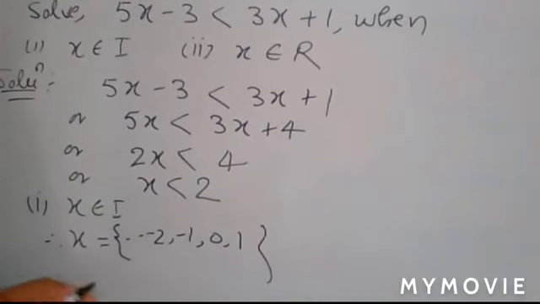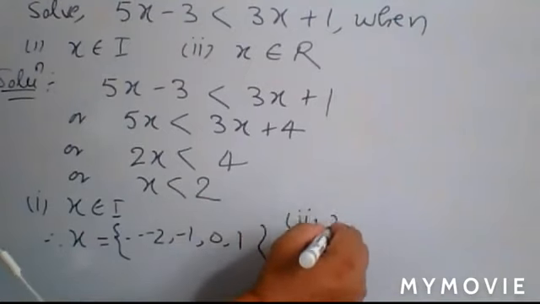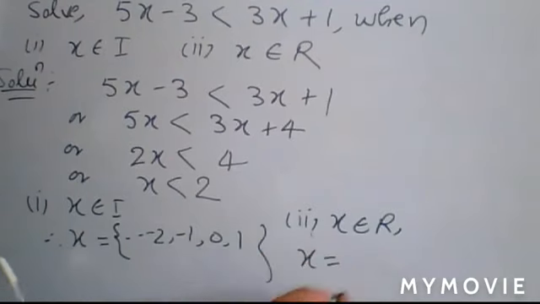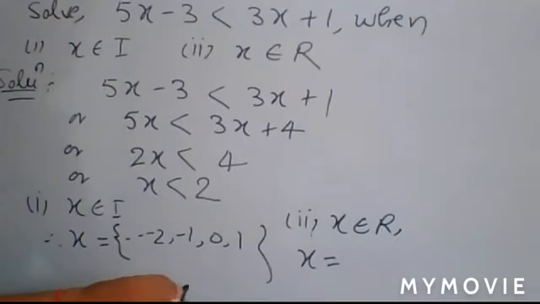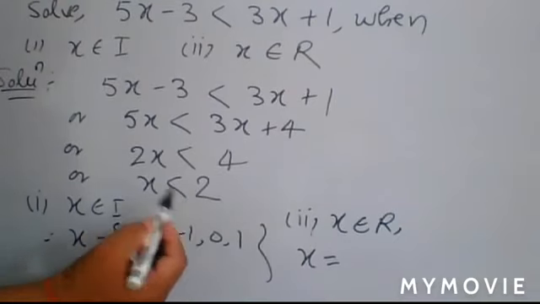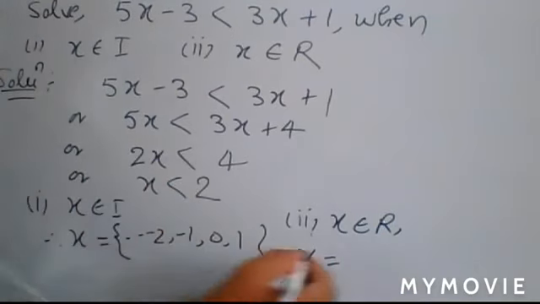Now, if you express that for real numbers, x belongs to R, then you have to express it in the form of an interval. Here you have x less than 2, means the point 2 is not taken, but the value of x extends down to minus infinity.